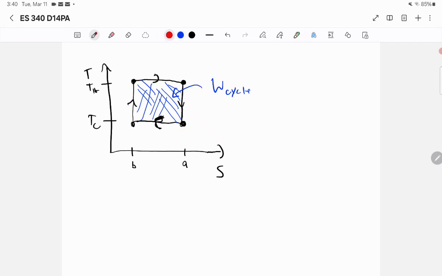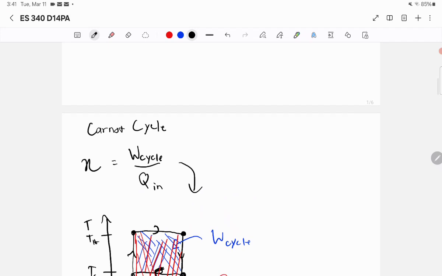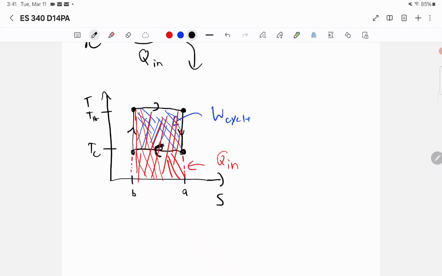And then the area underneath this top curve, that shaded region all the way down, is Q in. So we can use the TS diagram to find that the thermal efficiency would be the ratio of the areas of these two rectangles on the TS diagram for the Carnot cycle. Really nice.